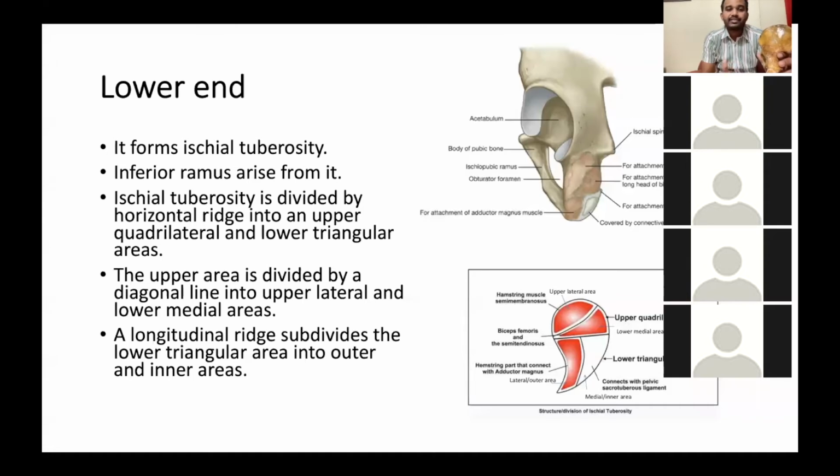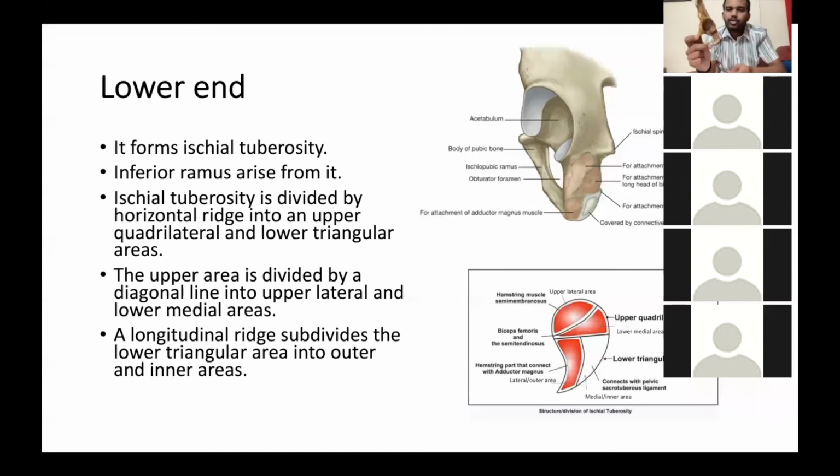The upper area is divided by a diagonal line into upper lateral and lower medial areas. Again, this upper area is divided into two areas by a diagonal line. Here also in the slide you can see. This is the upper lateral area, this is the lower medial area.